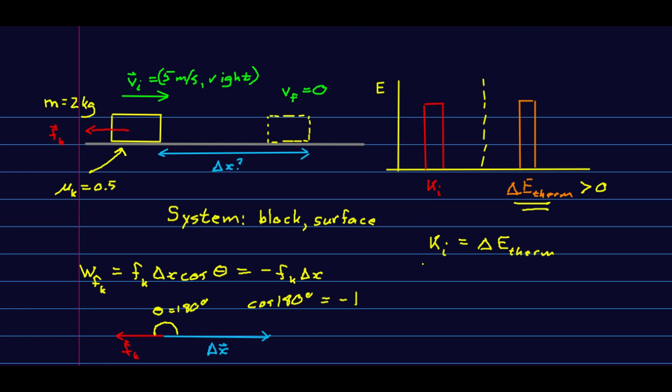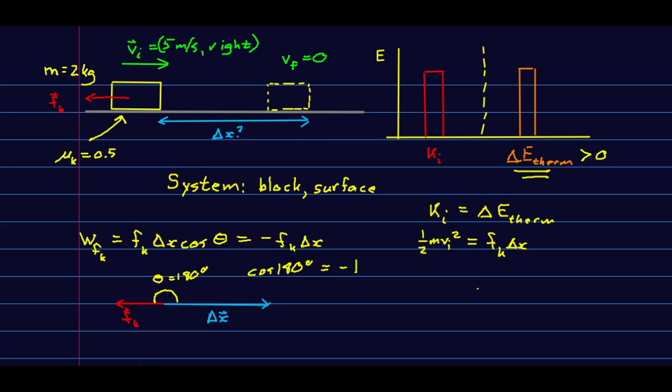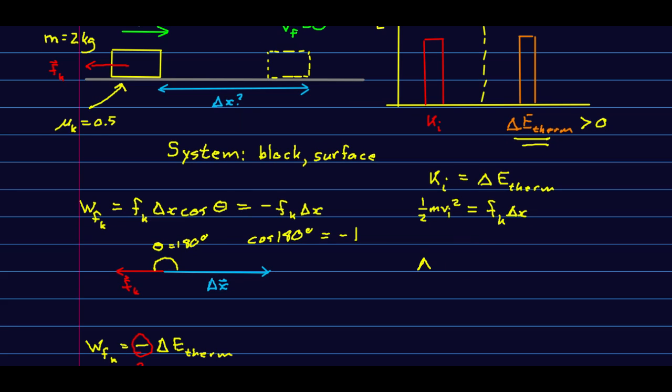So now I'm pretty much done. A half m vi squared equals the positive of this, Fk delta x, and we can now solve for delta x. It's just a half m vi squared over Fk.